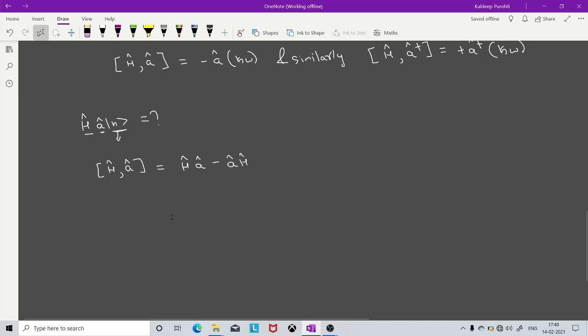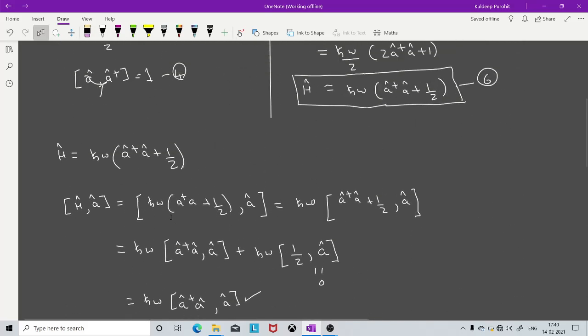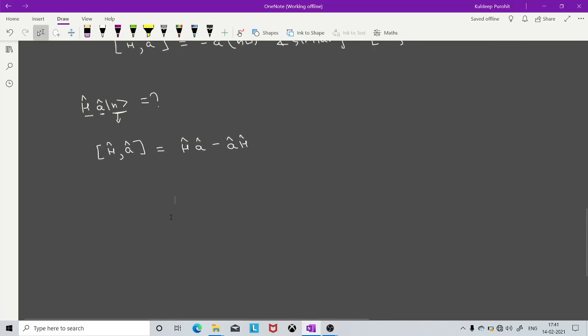If I call this equation number 7 and this equation number 8, I can write that h into a is equal to a into h plus h comma a.